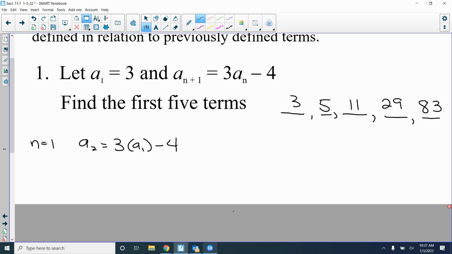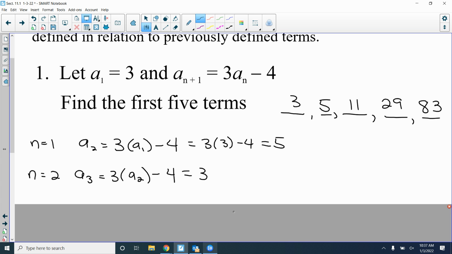Well, a sub 1 just refers to the first term, so you plug in 3. So 3 times 3 minus 4 equals 5. To get the third term, n is going to equal 2. So a sub 3 equals 3 times a sub 2, which is the second term, minus 4. So I get 3 times 5 minus 4, which is 11.